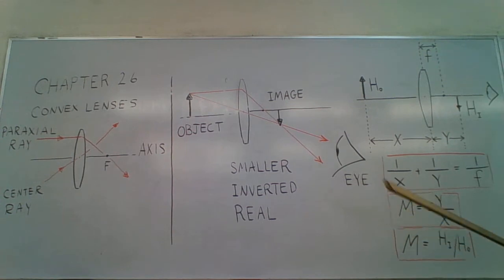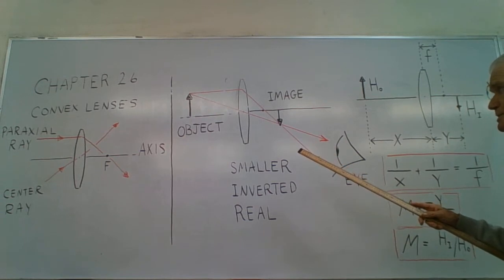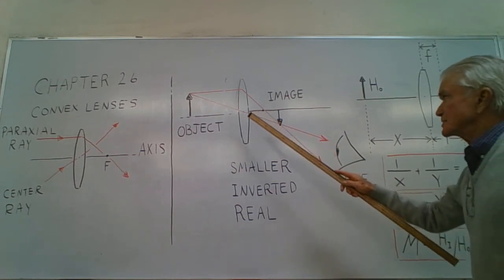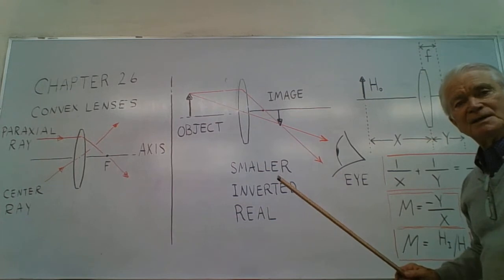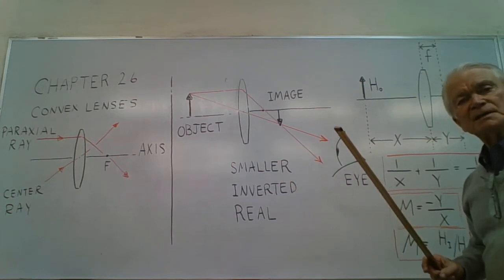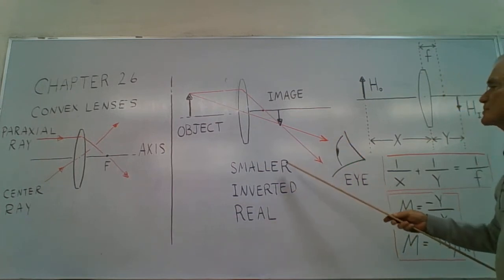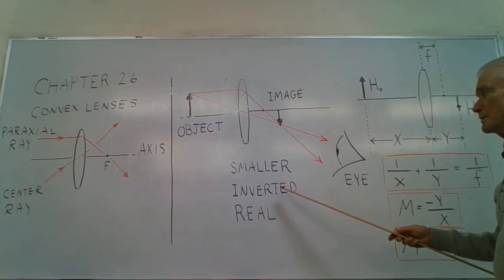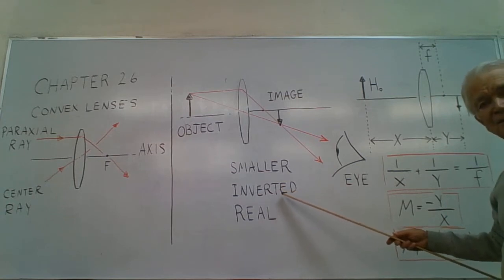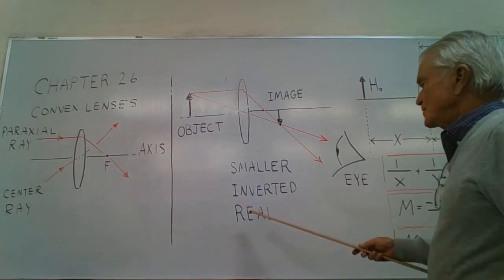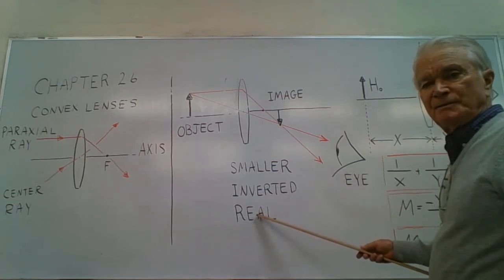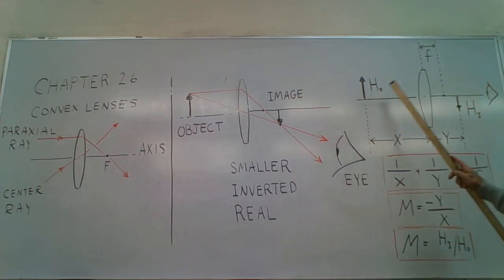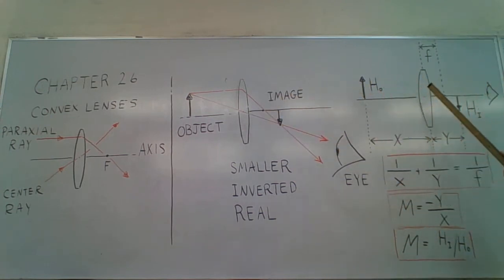Now, there are some parameters, quantities that relate to this diagram that are used to calculate exactly how tall or short the image is, whether the image is inverted or upright is the other word, and whether the image is real. The same diagram here is redrawn over here.